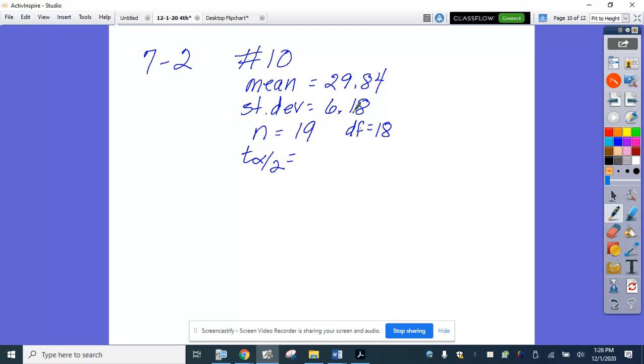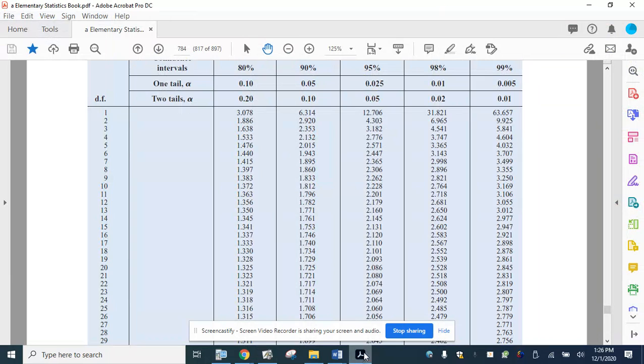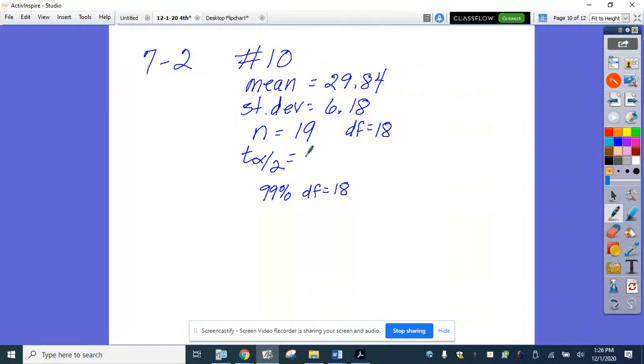So I'm going to look up on my chart, I'm going to look up 99% with a degree of freedom of 18. So go over to your 18, straight over to the end over here, and you get, it's this one right here, 2.878, okay, is our answer.